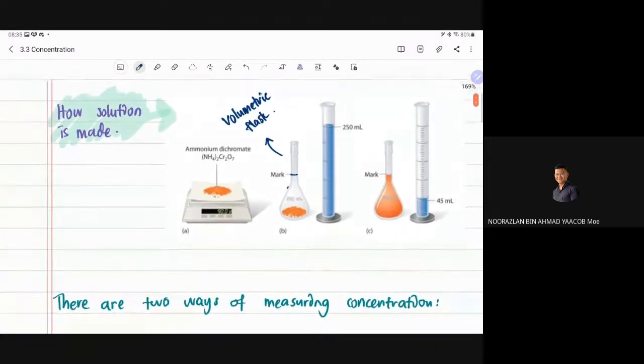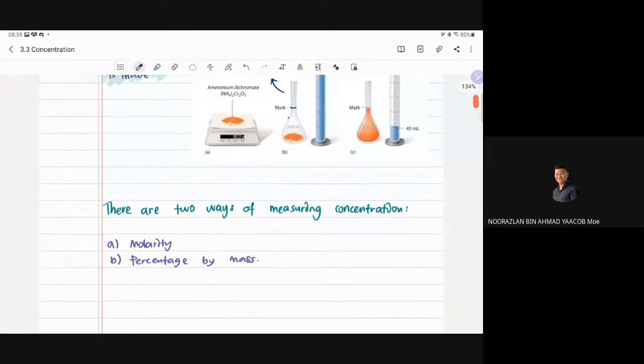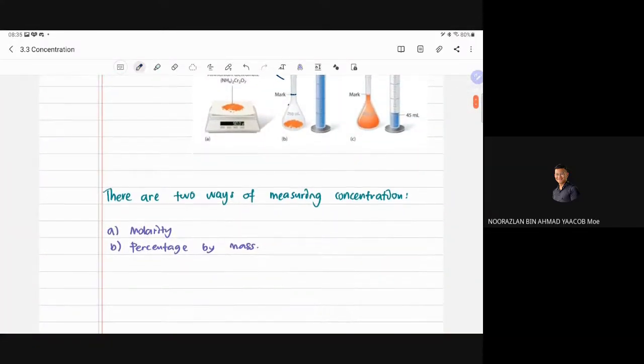Okay. Right. Now, there are two ways of measuring concentration. The first one, we can use molarity, kemolaran. And the second one, we can use percentage by mass. Okay. These two are a form of concentration. Okay.